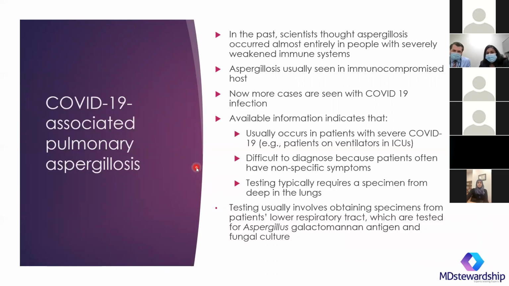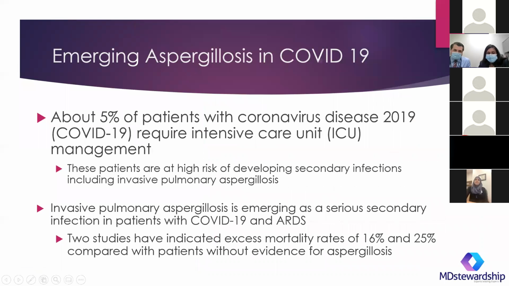So how do we diagnose? It's kind of a diagnostic dilemma. How do we figure out who has aspergillosis? If you go to the next slide, there was a study in which about 5% of patients with COVID-19 had maybe a superimposed fungal infection.